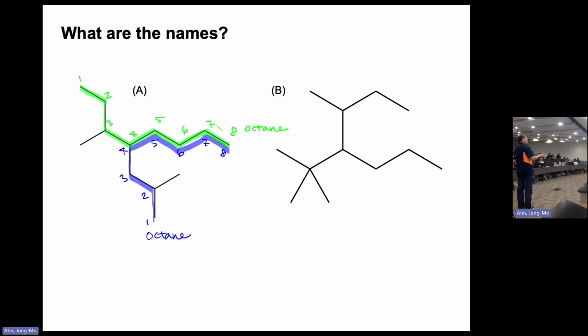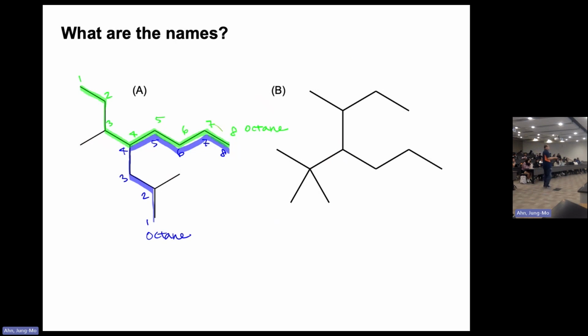So for instance, if you're using this system, you better start from that end first, not this one. Because if you use that one, 1, 2, 3, 4, 5, the first substituent appears at carbon number 5. Instead, if you number this way, then the first substituent appears at carbon number 3. Right? That's why we're going to number this way.